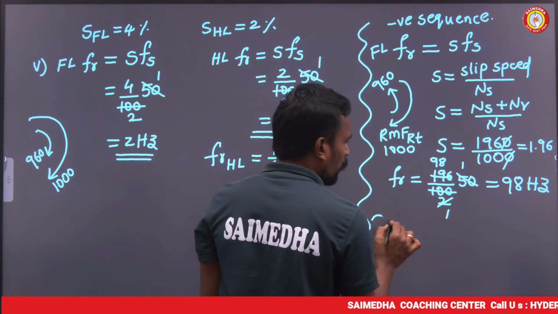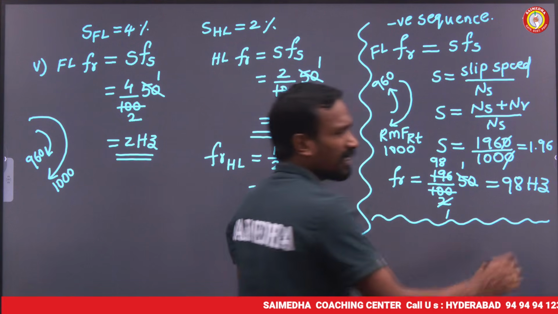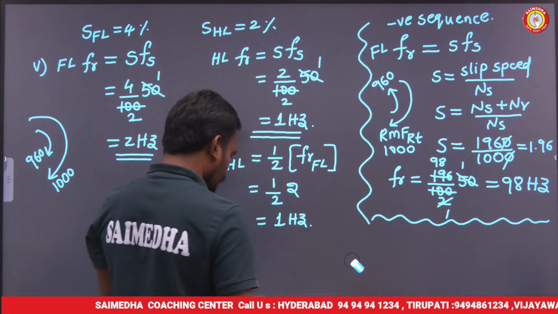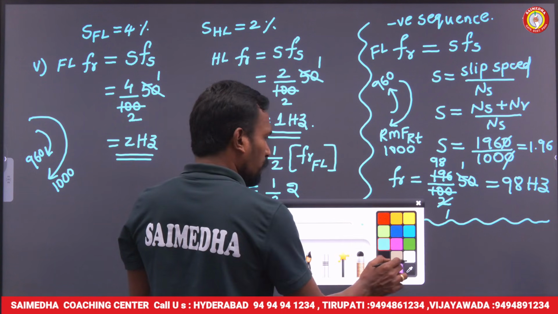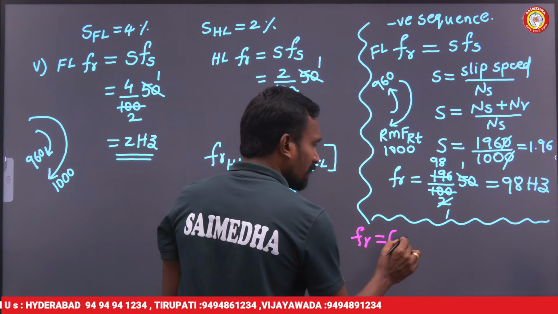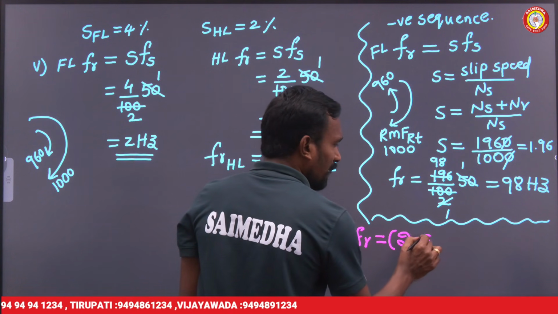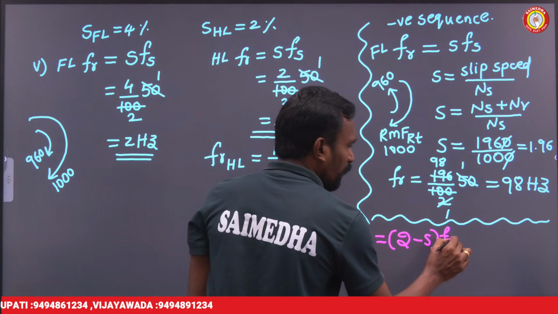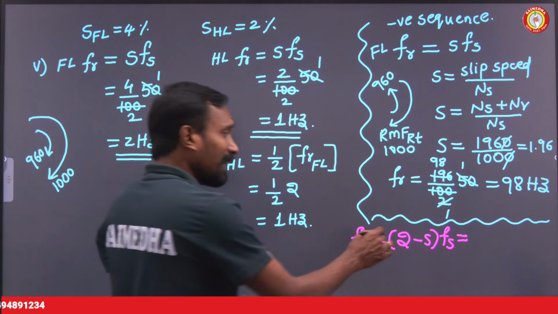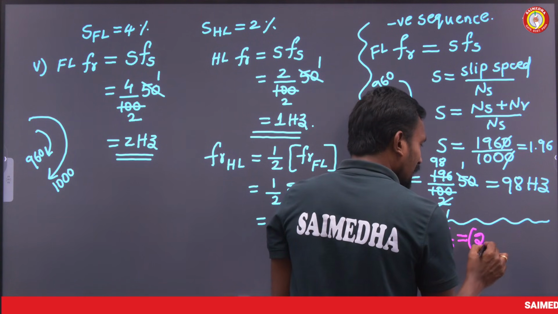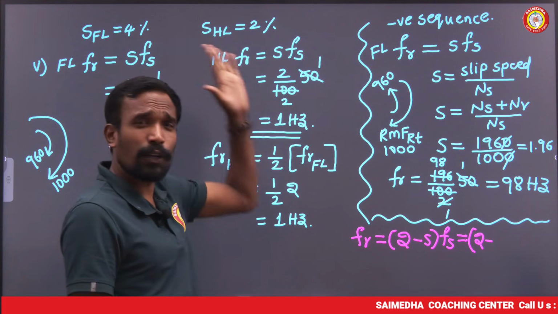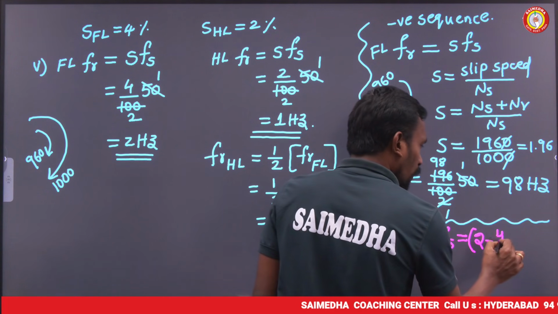Actually you have to solve this question like this. But I'm giving you another option. If the rotor is rotating in reverse direction, simply take (2 minus S) into Fs. Then also you will get the answer. What is S? S is 4% at full load.